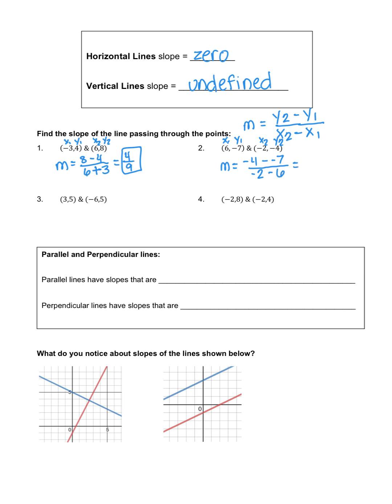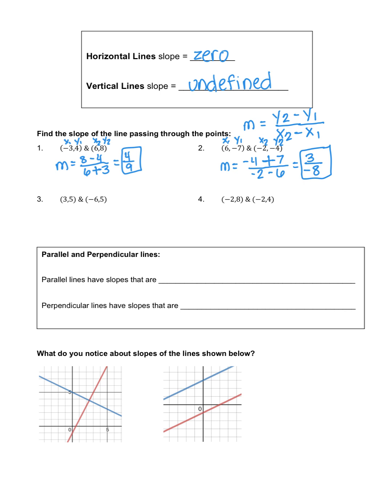So we have negative 4 plus 7. Now remember, these two negatives become a positive. So we have positive 3 over negative 2, and negative 6 is negative 8. So our slope here is negative 3 over 8. You just need to have the negative sign on it.